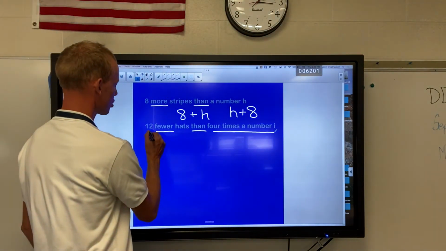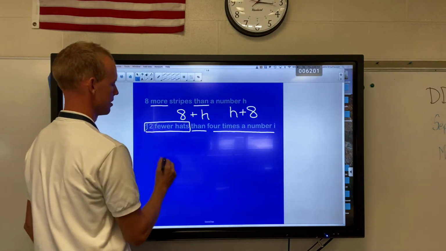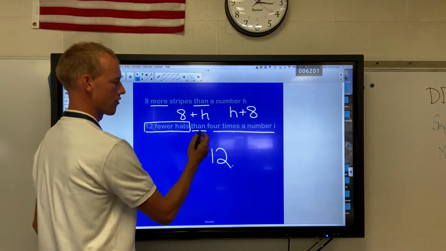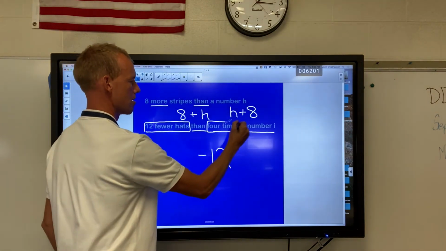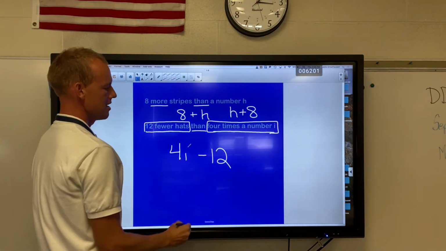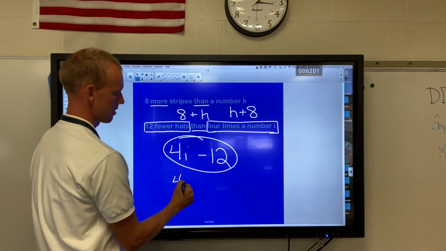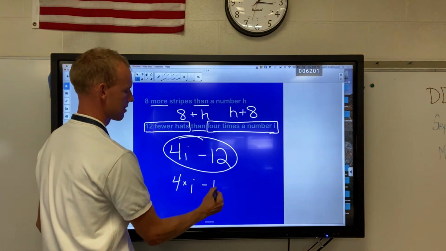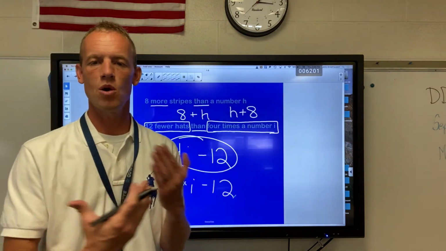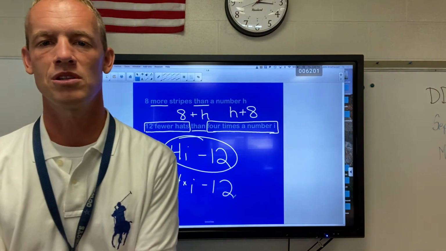So how do you show 12 fewer than? That would mean you subtract 12 from what? 4 times a number I. This is the answer here, and you could have written it like this. That would also work. But you can't switch the order because there's no subtraction when it comes to the commutative property.